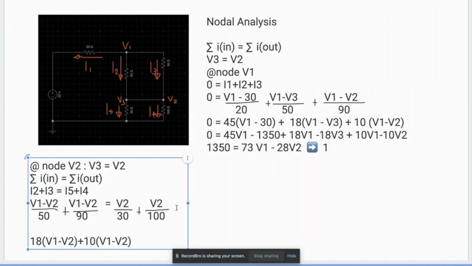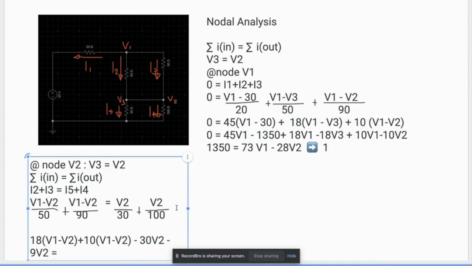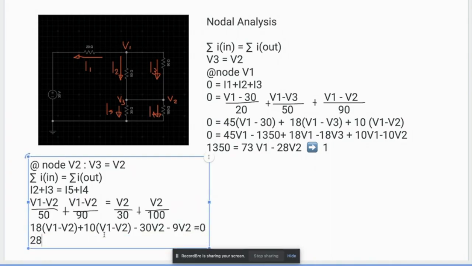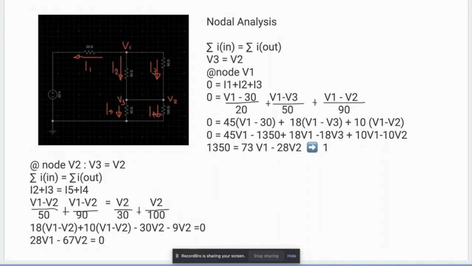Transposing the other side, so that will be minus 30 V2 minus 9 V2 equal to 0. Simplifying that, 28 V1 minus 67 V2 equal to 0. So, solving by elimination method, since equation 2 unknowns, we can use the elimination method. This is equation 2.